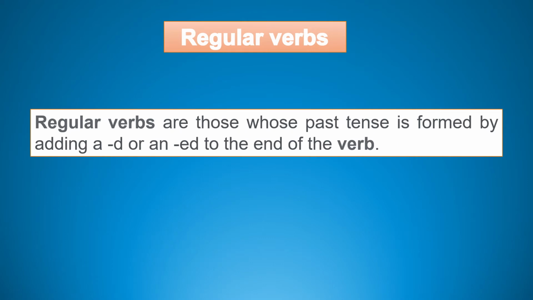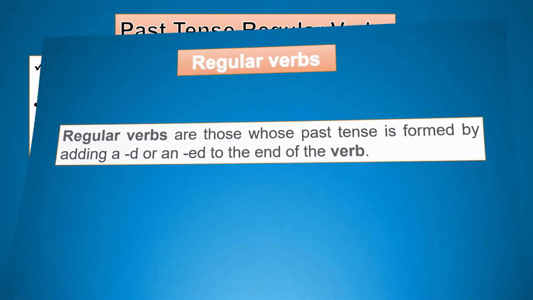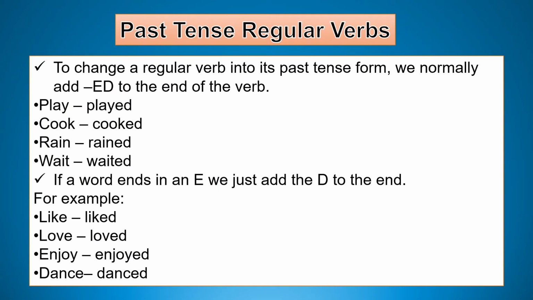Regular verbs are those whose past tense is formed by adding a d or an ed to the end of the verb. To change a regular verb into its past tense form, we normally add ed to the end of the verb.